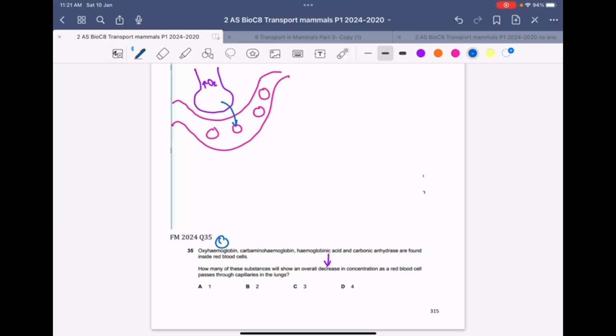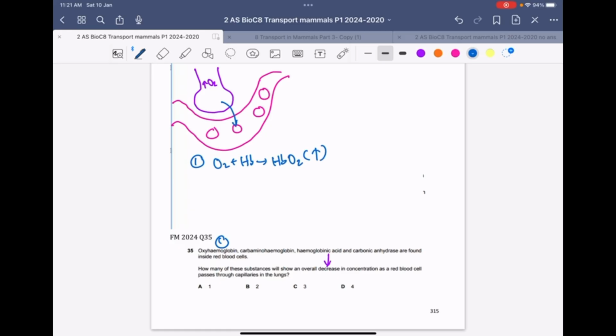It means that oxygen will be taken up by the red blood cell, and the red blood cell contains hemoglobin. So the oxygen will bind to the hemoglobin to become oxyhemoglobin. So that's why the concentration of the oxyhemoglobin is increasing.